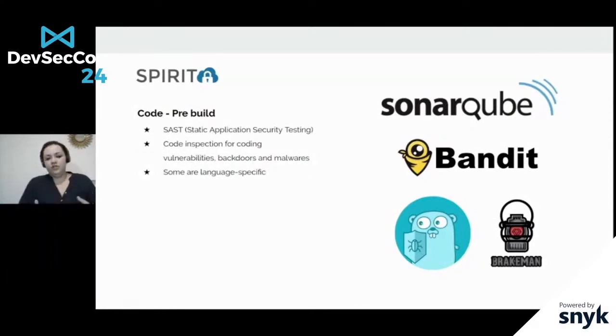So when you are searching for a SAST, you have to search for one that checks your code, Ruby or Python or whatever you are coding these days, and check if the language that you are using is covered by the tool. As I said, SonarQube is a good option.